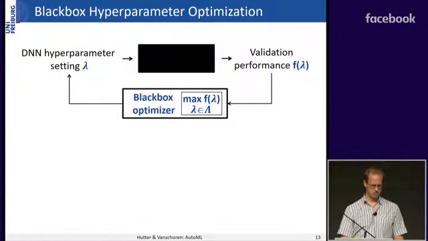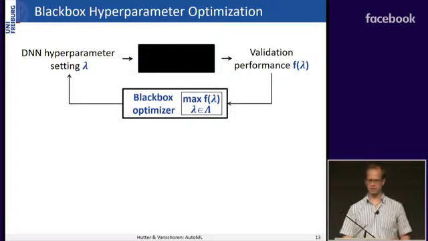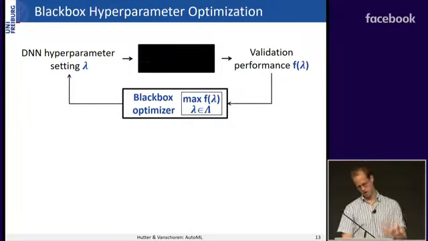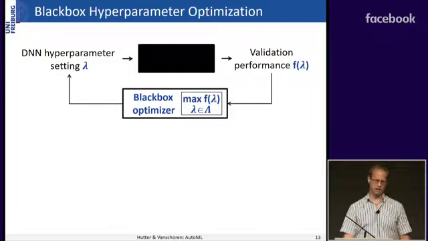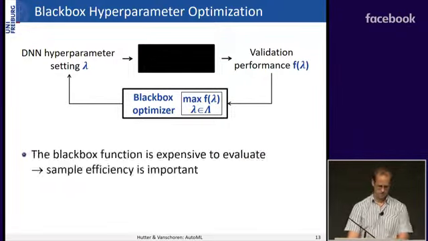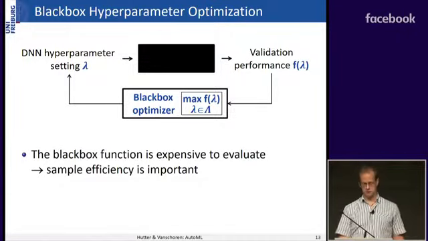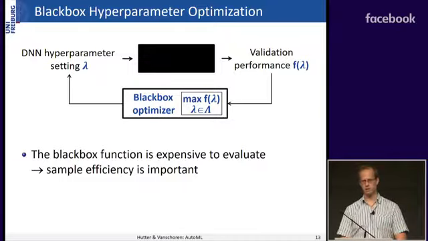So you just search for the lambda that maximizes f of lambda. And with that, you throw away all information about what happens inside of that black box. And well, you give up a lot by doing that, but it gives you a generic interface for applying this to all kinds of different problems. This black box function is, of course, expensive to evaluate, so sample efficiency is important. We can't evaluate this too often.